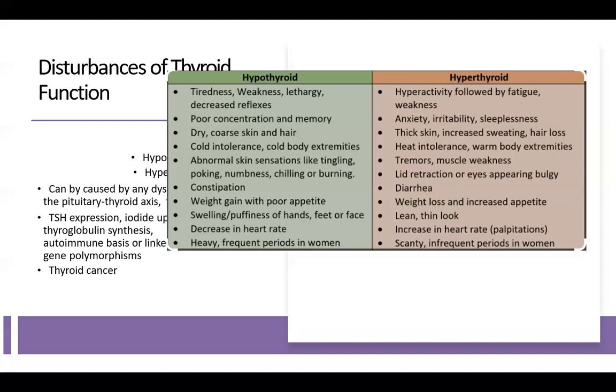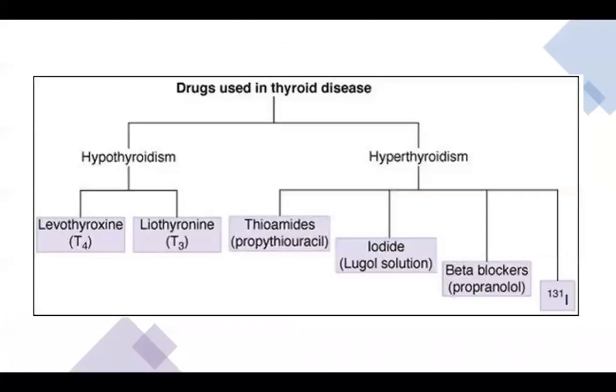Weight loss, although they have the appetite. We can eat, but still we're not gaining weight. Okay? Increase in heart rate. And this is basically why we like to use adjuvant therapy, like beta blockers, to take care of that tachycardia. And it can also affect the periods. It can become scanty and frequent periods in women.